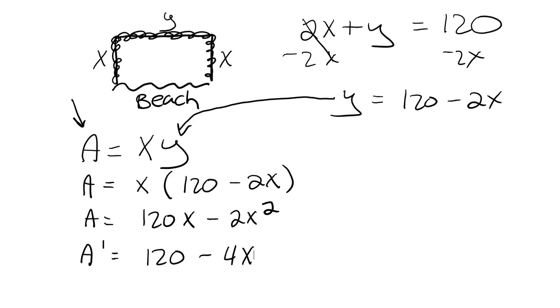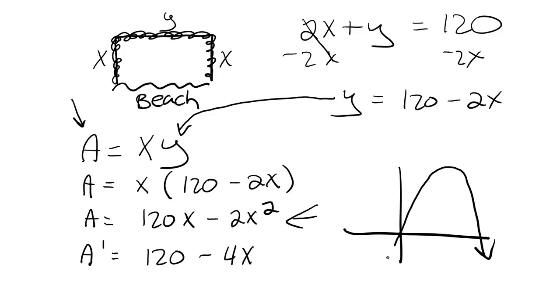The reason why we set the derivative equal to 0 here is from an understanding of what the derivative actually is. So let's go back to this step here with the 120x minus 2x squared. This is going to be some kind of parabola shape. It will look something like this, going off in both directions. And the derivative gives us the slope of the line tangent to the curve.